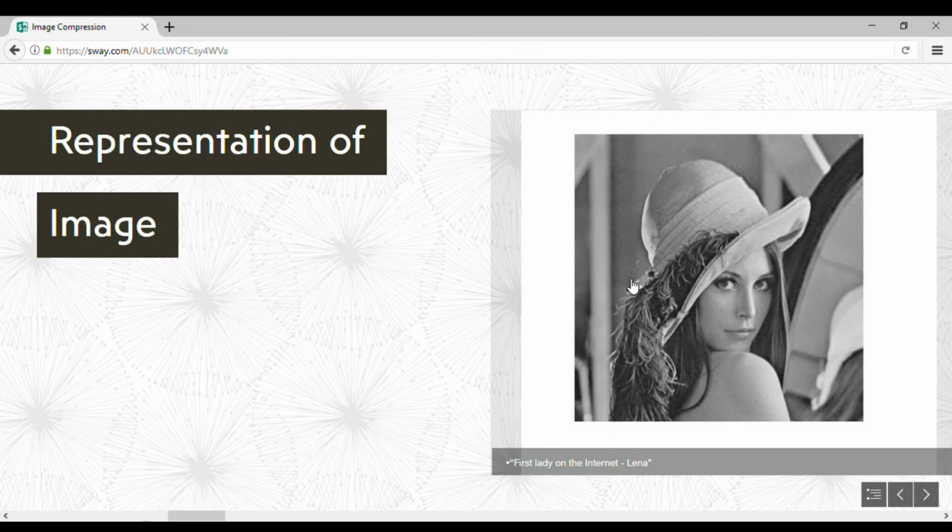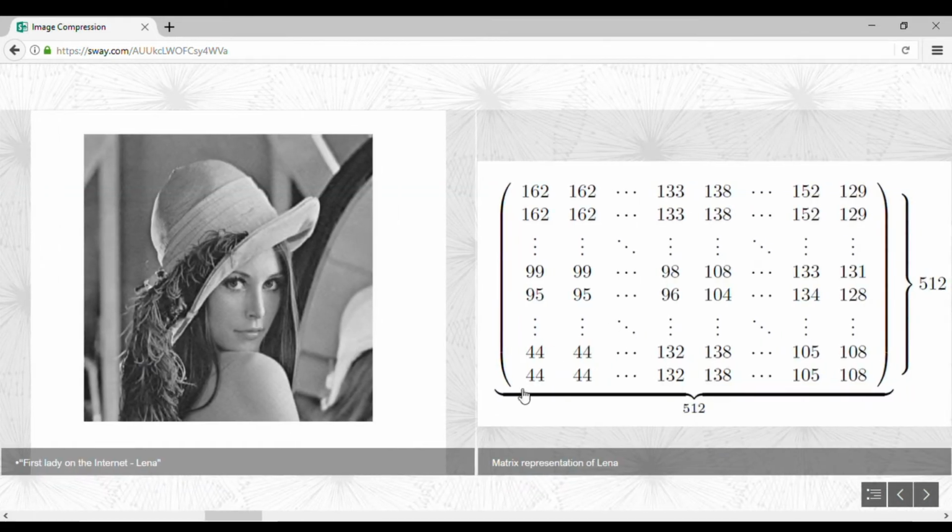An image is a two-dimensional array of pixels wherein a binary image has pixels as bits, a grayscale image has pixels as scalars, and a color image has pixels as vectors. Mathematically, an image is defined as a two-dimensional function f(x,y), where x and y are spatial coordinates whose amplitude is called the intensity or gray level of the image at that coordinate.